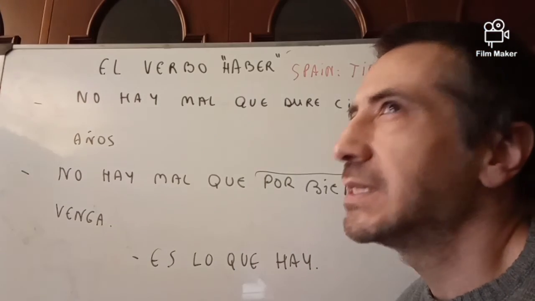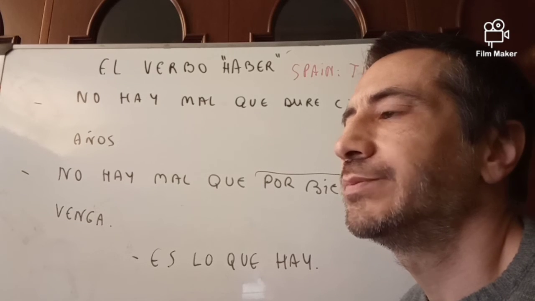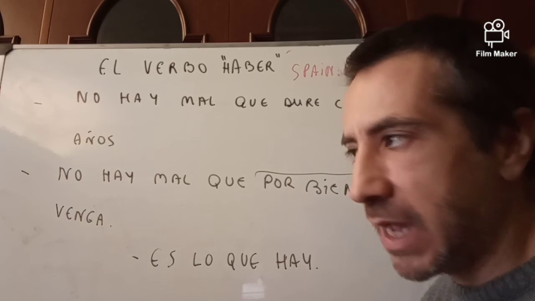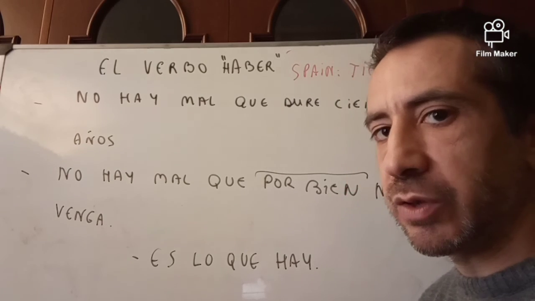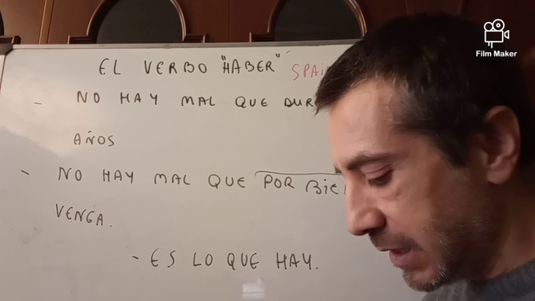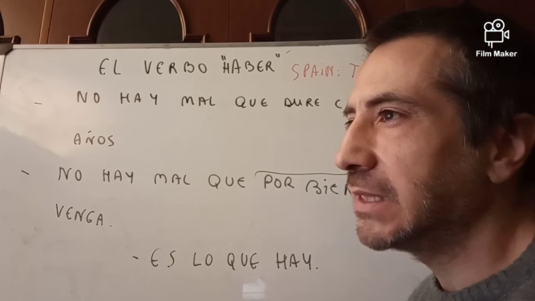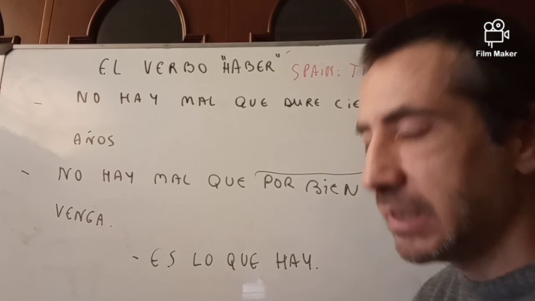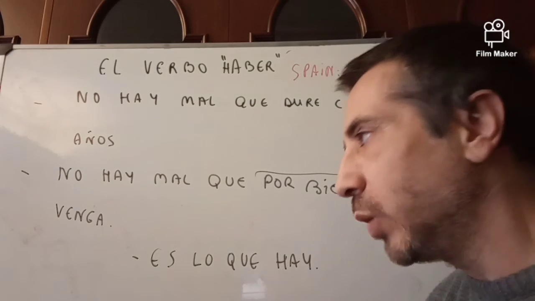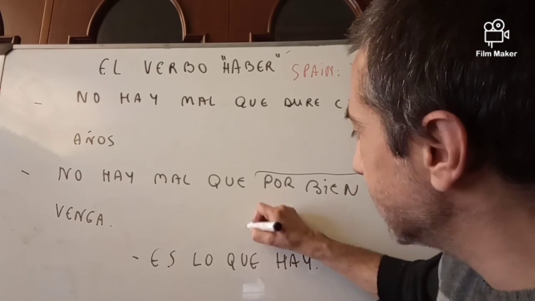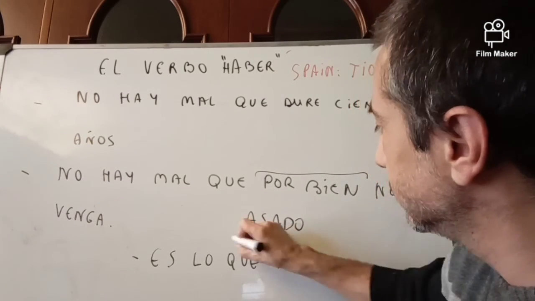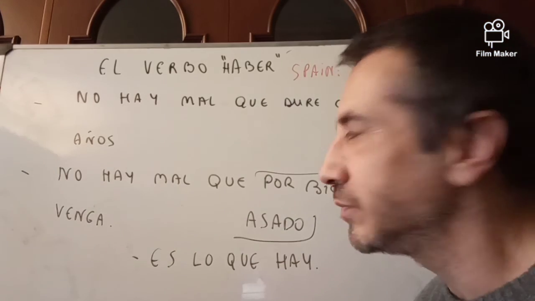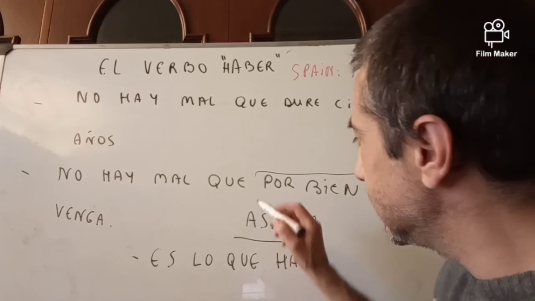For example, a typical situation, I don't know, at a party we are a group of friends, and we are having hot dogs for dinner, and we all would like to have what we call asado, the barbecue in English, meat, steak, but it's specific.